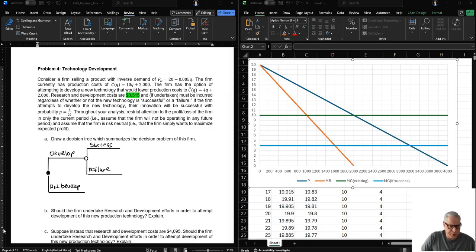Okay, so if the firm does not develop, the total revenue, or profit actually, the profit will be 1,000 times 15, so that's 15,000.